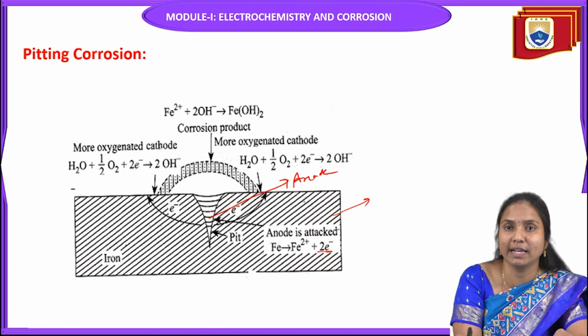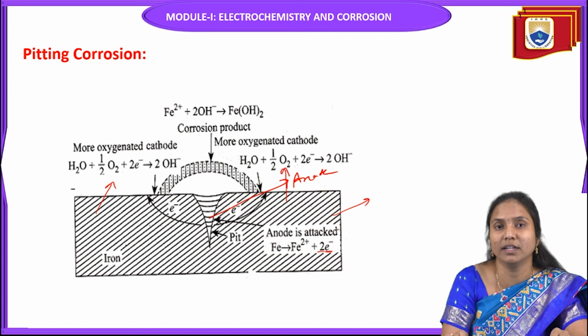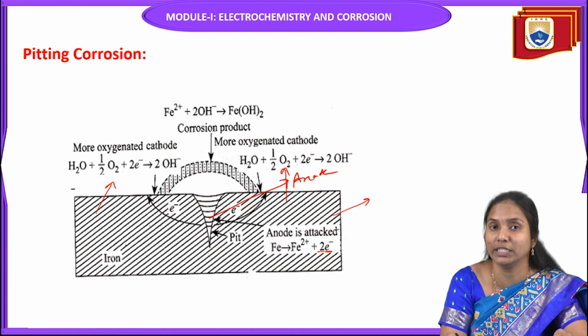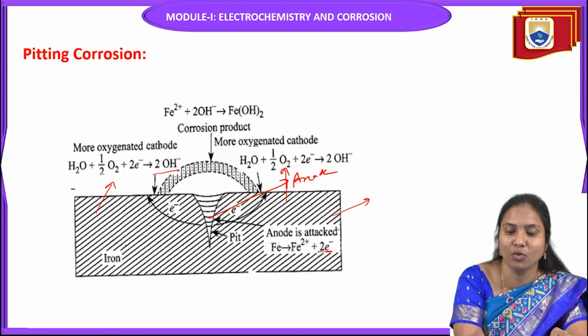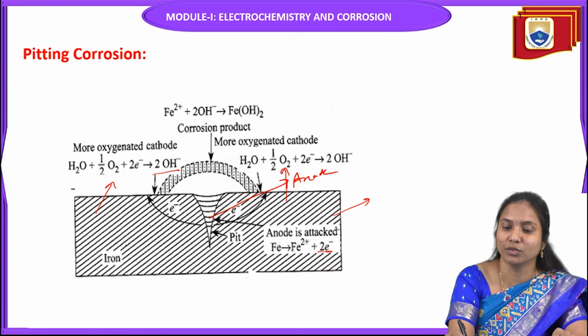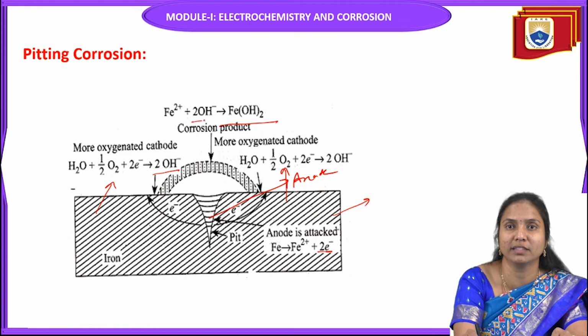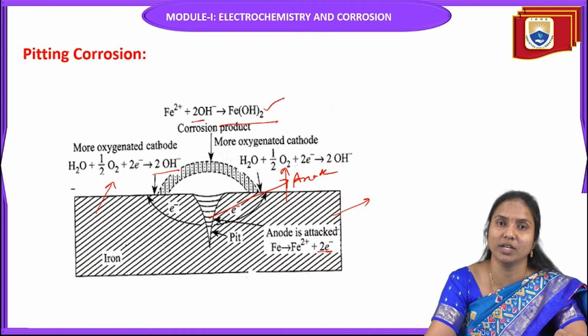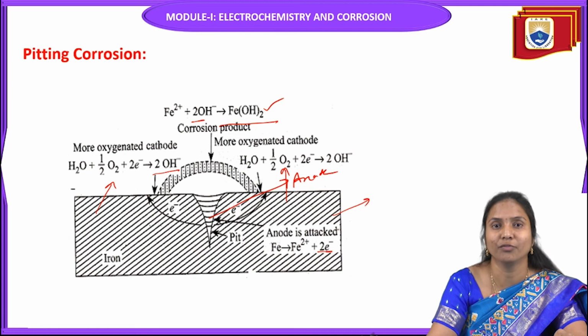The rest of the part acts as cathode. At the cathodic area, atmospheric oxygen is present and it consumes electrons and also interacts with H2O, then forms OH minus ions. Finally, iron interacts with OH minus ions, then forms Fe(OH)2. Ferrous hydroxide is formed.